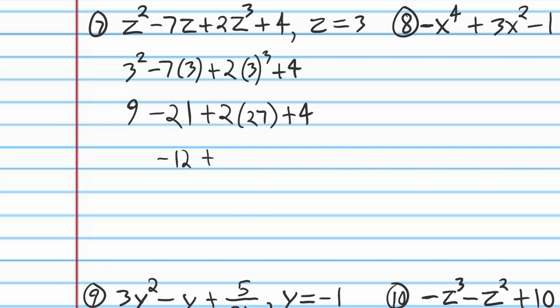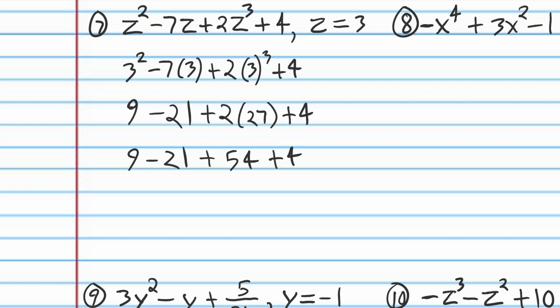And actually, you know what? That's okay to do, but just to keep with the system, I should multiply these first. So that would be 54. 2 times 27 is 54. And now we'll go ahead and subtract.